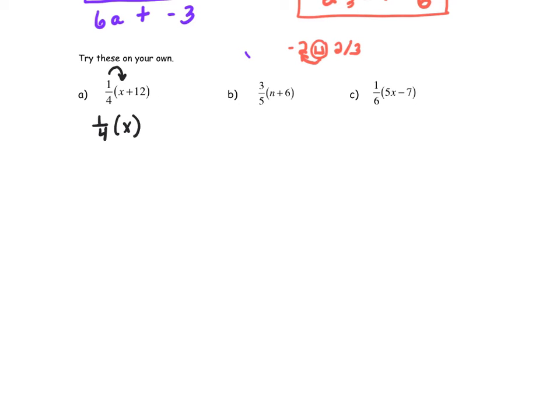So we can write it this way. However, if you don't like not having a number, it's confusing not to have a number, you can just put a coefficient of 1. And so what's going to happen when we do this is 1/4 times 1, or 1/4 times x, is just going to be 1/4 x.